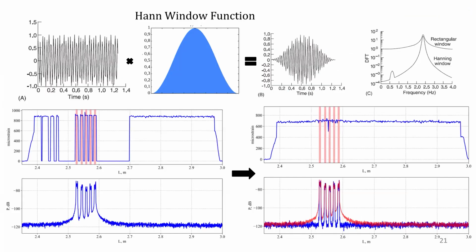So it was proposed to use a Hann window function to provide the periodicity of the studied signal, and this eliminates the spectral leakage that occurs due to the high reflectance of fiber Bragg gratings. So by applying this window function, we can eliminate these insensitive zones and achieve good results on strain measurement by distributed fiber optic sensors.